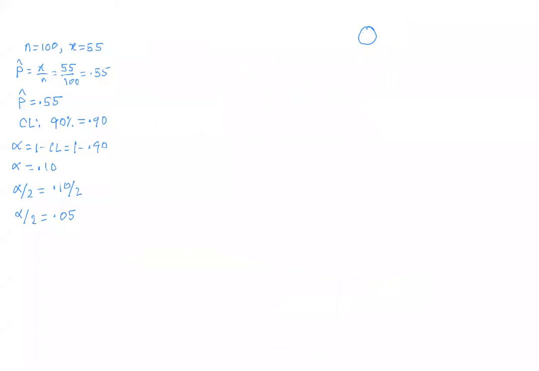Now let's go ahead and do the standard normal distribution diagram. Mu 0, sigma 1, and area to the left tail should be 0.05, and area to the right tail should be 0.05. Now this is a very special value.